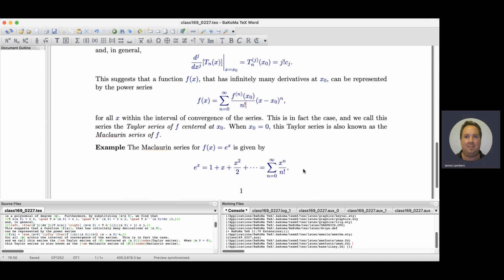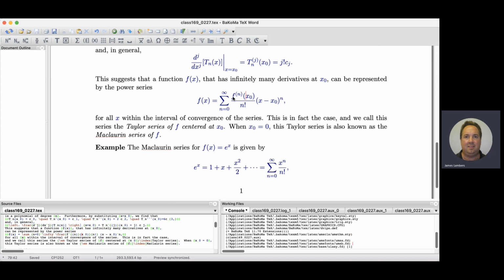So here's an example. The function is e to the x. As you know, the derivative of e to the x is just e to the x. So if I want the Maclaurin series, I'm going to use this formula where my function is e to the x and my center is 0. That means I'm evaluating every derivative of e to the x at 0.